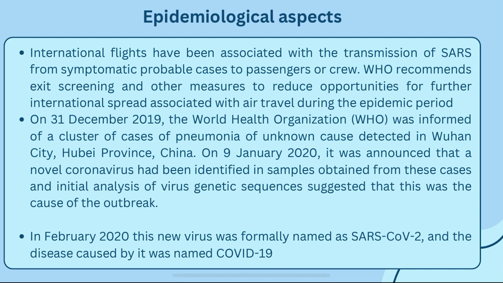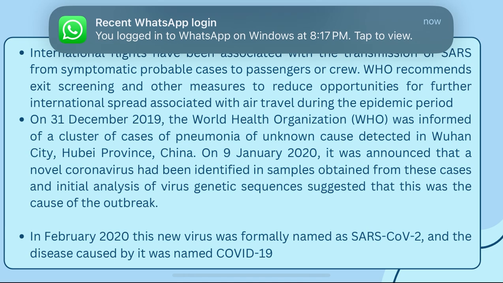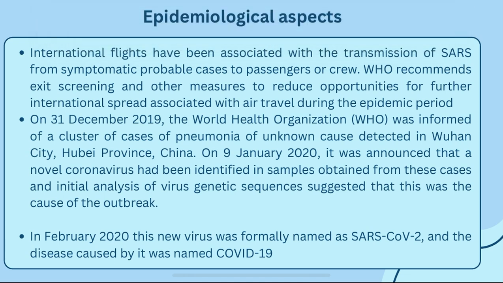during the epidemic period. On 31st of December 2019, the World Health Organization was informed of a cluster of cases of pneumonia of unknown cause which was detected in Wuhan city, Hubei province in China. On 9th of January 2020, it was announced that a novel coronavirus had been identified in samples obtained from these cases.